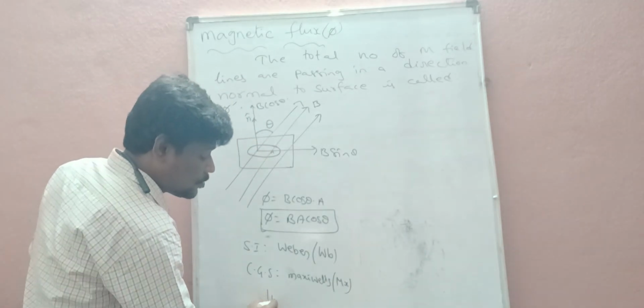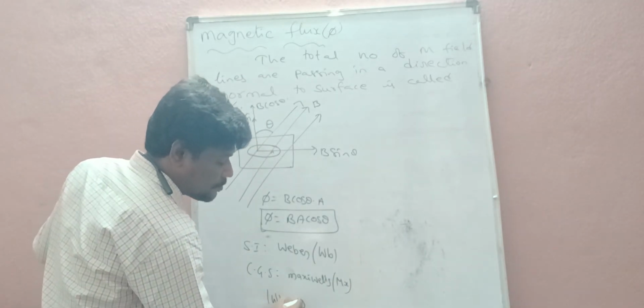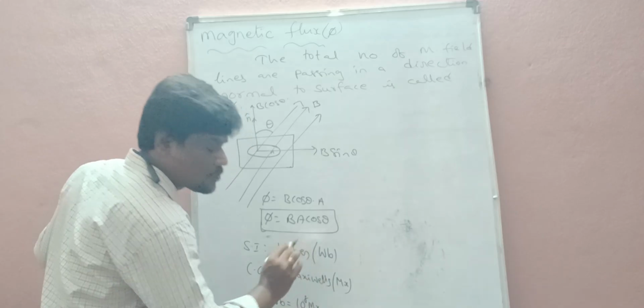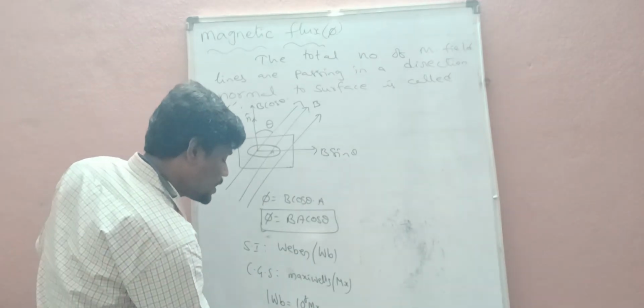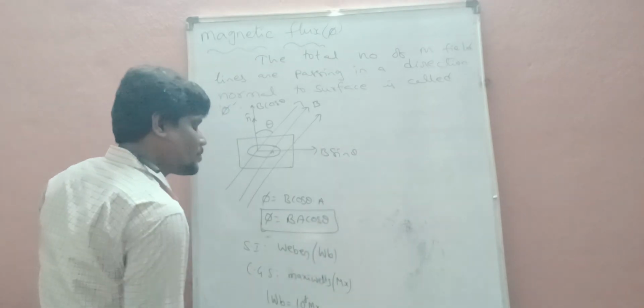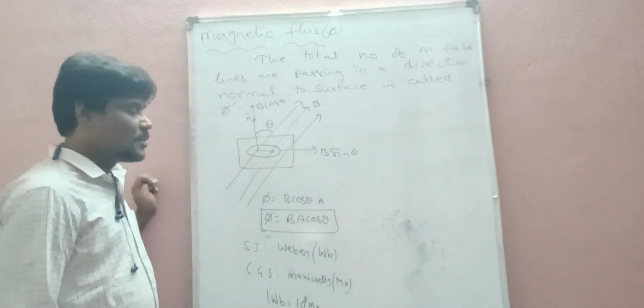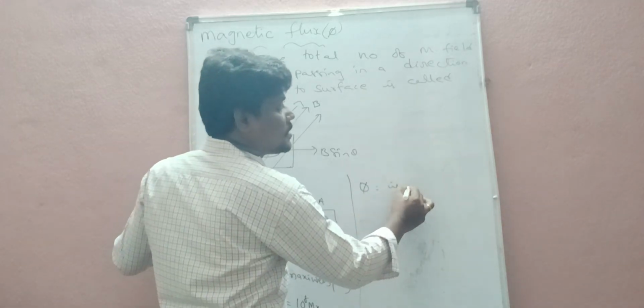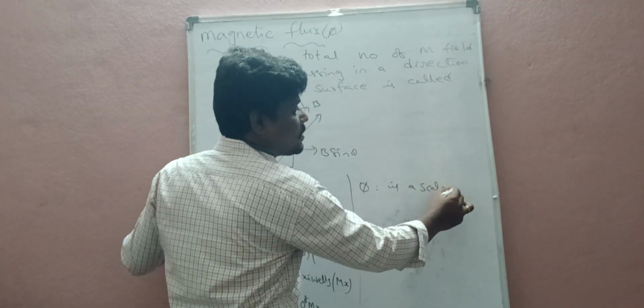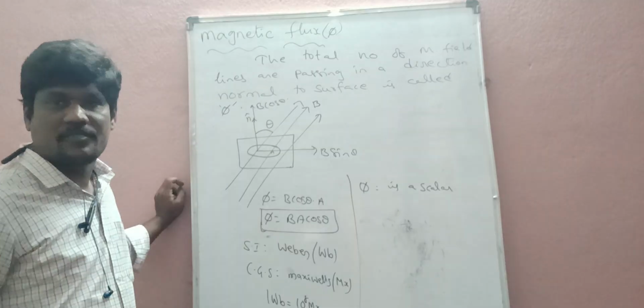One Weber equals 10 power 8 Maxwell. One Weber equals 1 Tesla meter square. Flux is a scalar quantity. Flux is a scalar.